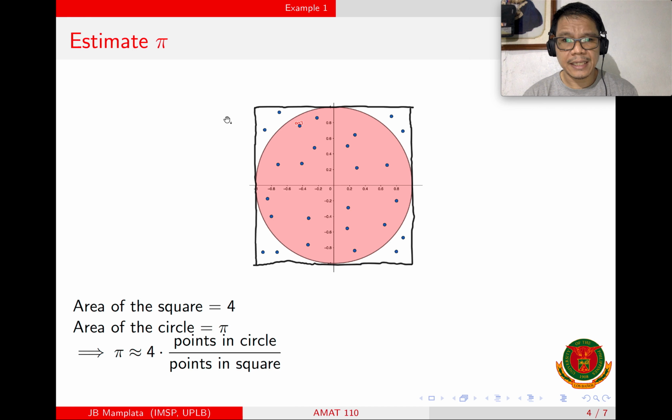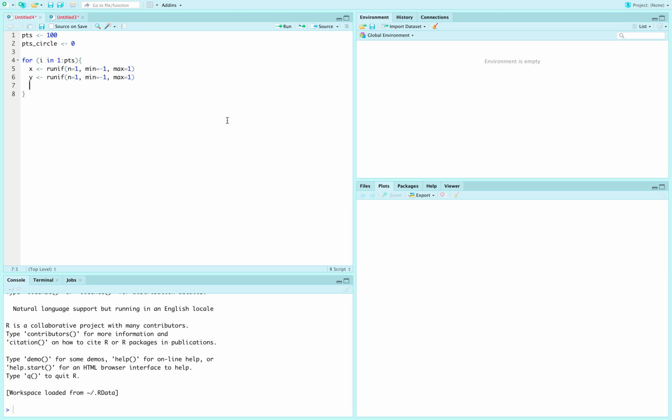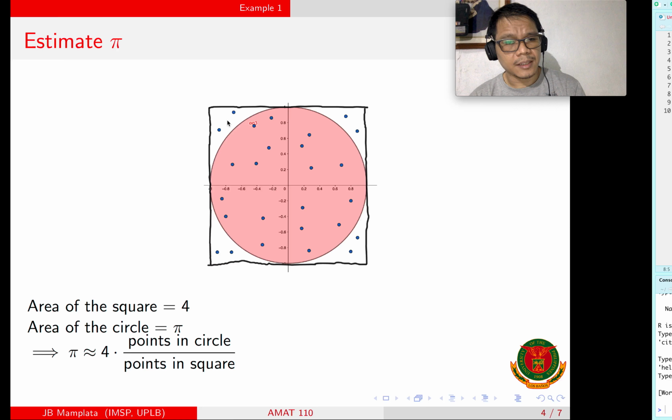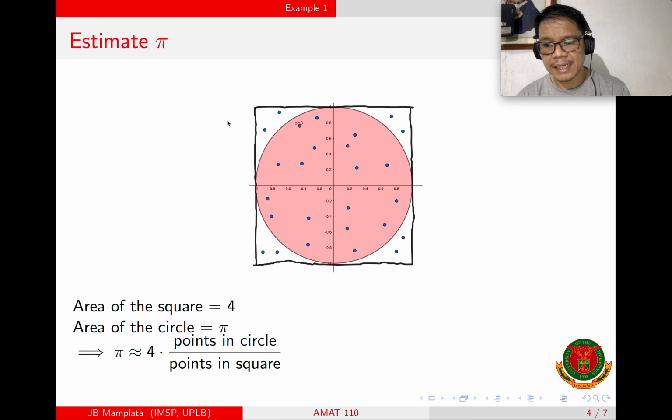So, kailangan natin ng decision condition dito. That is, if yung x squared plus y squared ay less than or equal to 1, okay? Pag yung x squared plus y squared ay less than or equal to 1, ibig sabihin yung point na napili natin is inside the circle.